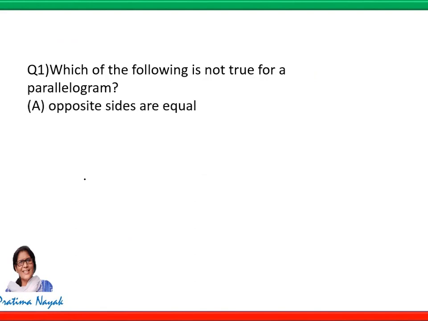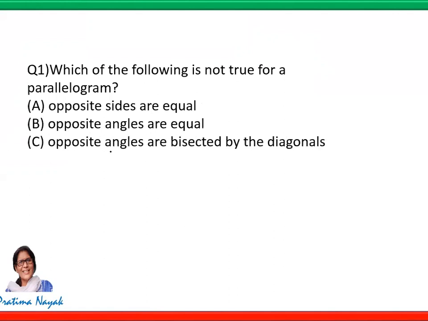Which is not true? Opposite sides are equal, true or false? It is true. Opposite angles are equal. In a parallelogram, this is also true. Opposite angles are bisected by the diagonals.